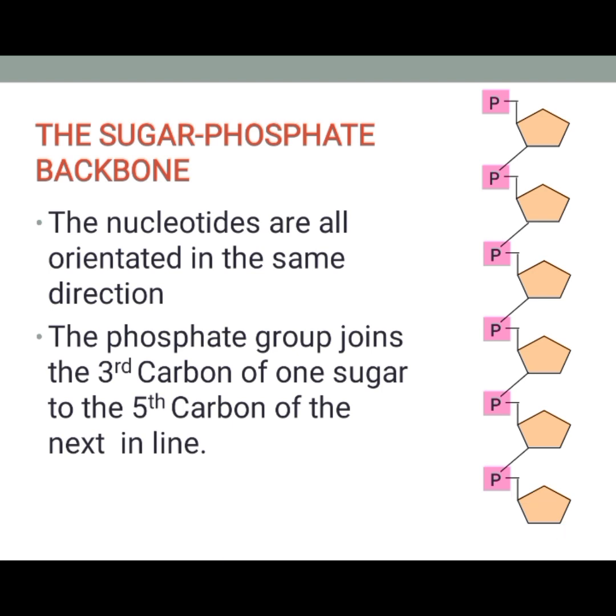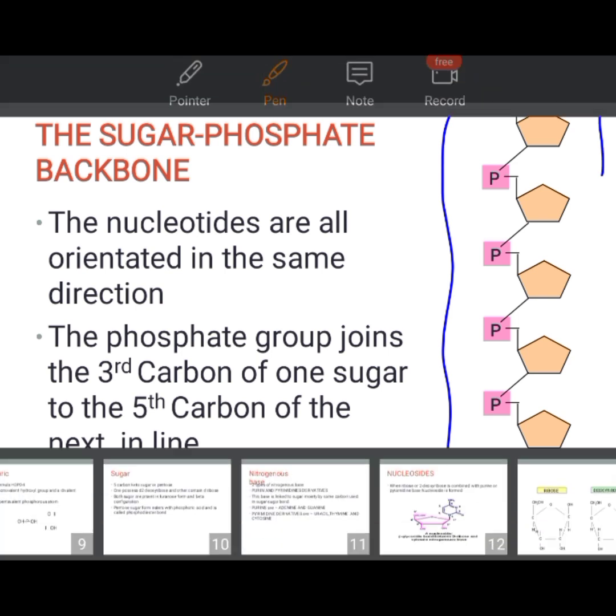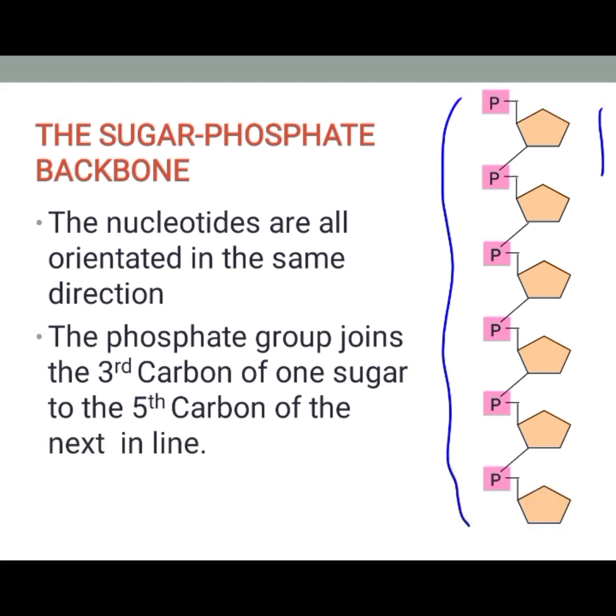So here you can see the phosphate and sugar backbone. If you take the nucleic acid structure, you can see a phosphate and sugar linkage. The nucleotides are all oriented in the same direction, so it is always joined from the third carbon of one sugar to the fifth carbon of the next in line.